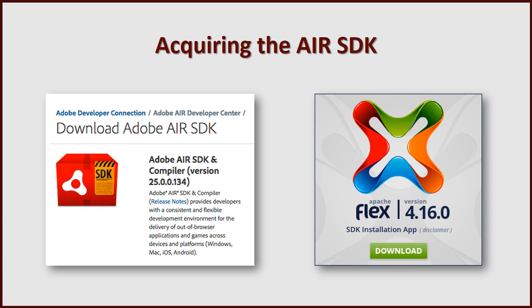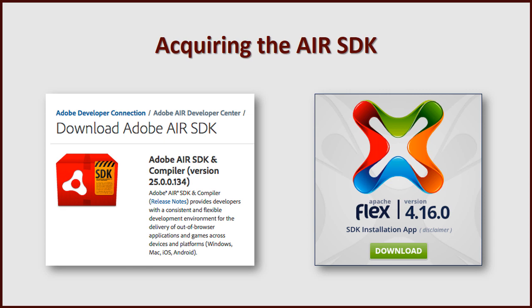You'll also want to get your hands on the actual Adobe AIR SDK. And that can be done in a number of different ways. You can download it directly from Adobe. Just Google, Adobe AIR SDK download, and you'll get to a bunch of different packages based on your operating system and so forth, where you can download the thing and integrate it into your environment.